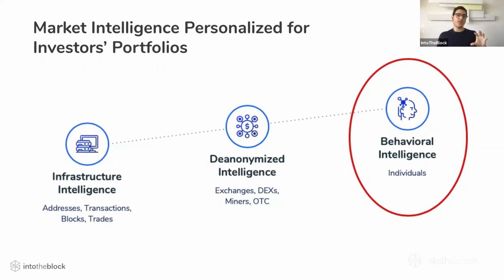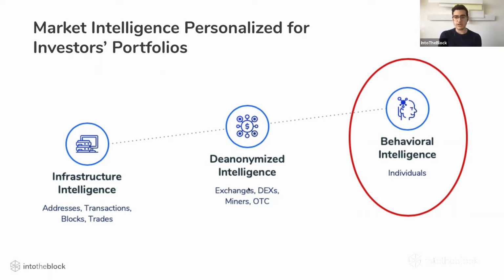So we started with infrastructure intelligence, as we believe a digitally native asset like cryptocurrencies, crypto assets, deserves to have a completely new infrastructure of intelligence to it. And then we've moved towards the anonymized intelligence. So some of you might have been in my previous webinar regarding exchange analytics.